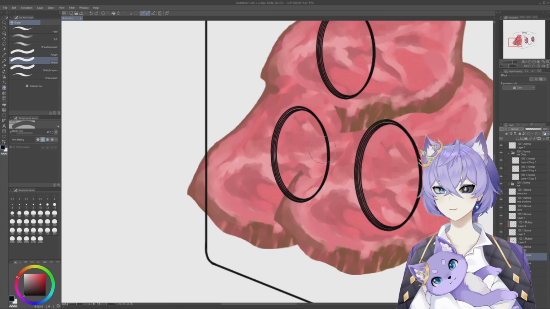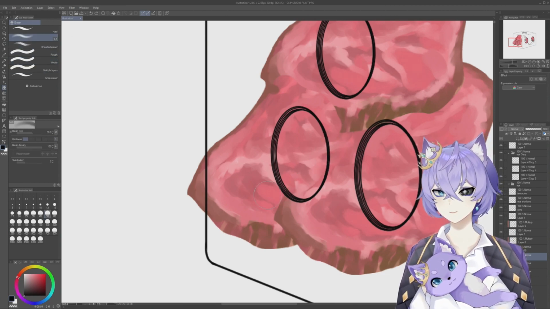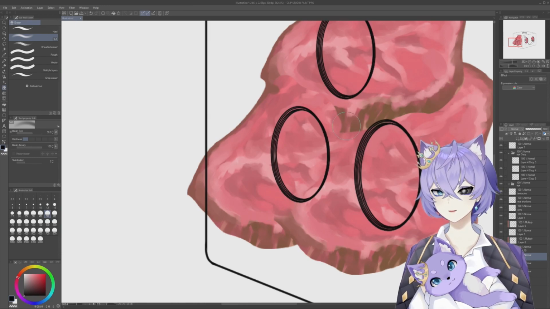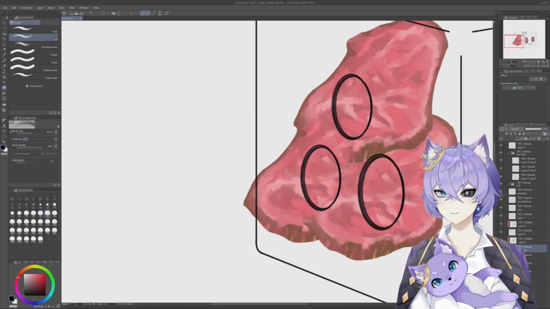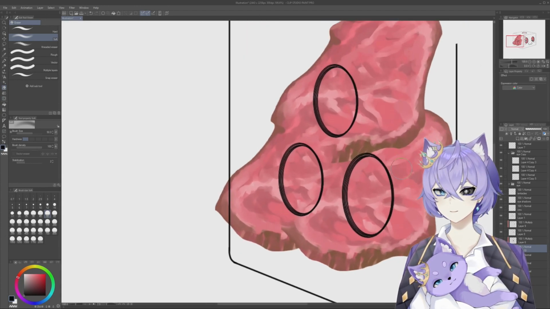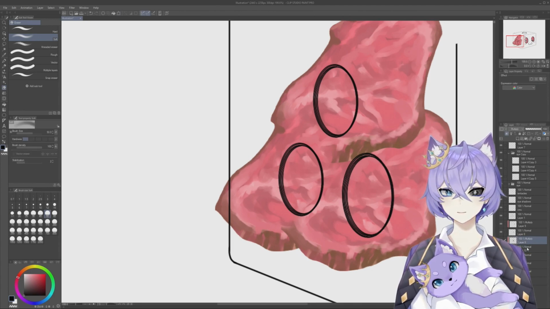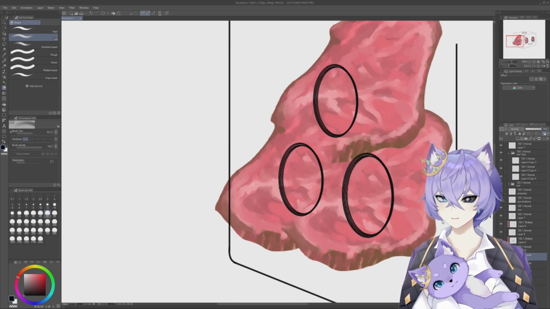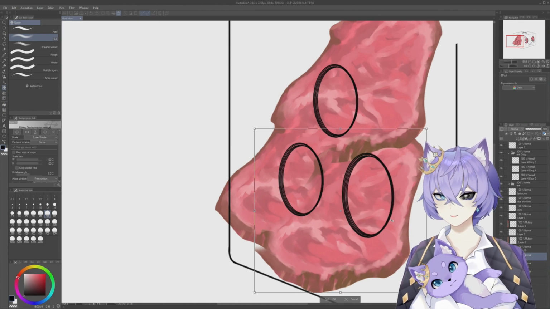Weak. No. Here, soft. That's what I wanted. Okay, so we're going to very softly erase this to blend it. Nope, not that one. The pattern's a little too similar, so I'm going to try and get something slightly different.